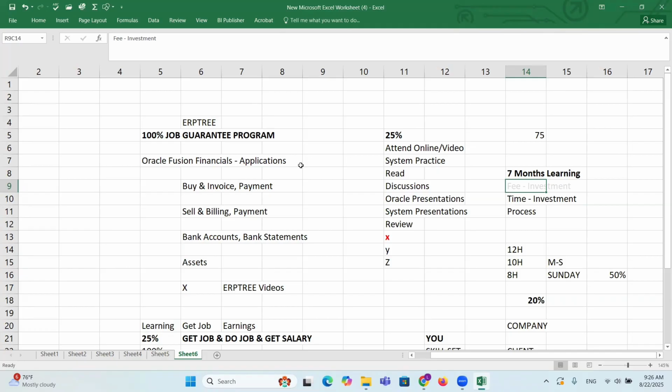You just have to invest the time. You need a little patience and you have to follow the process. 7 months you have to dedicate for this learning. You should come with a passion. You should love this program. Then everything will switch into how you want.